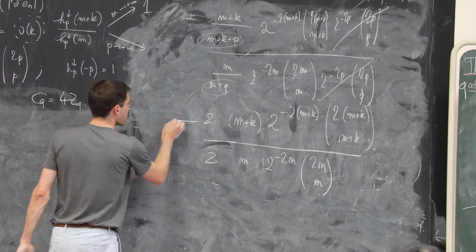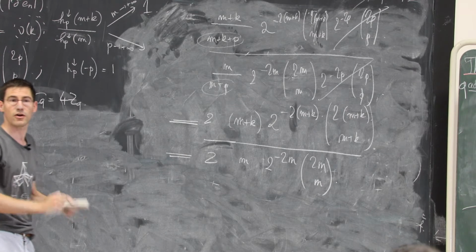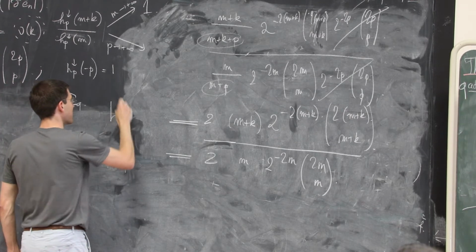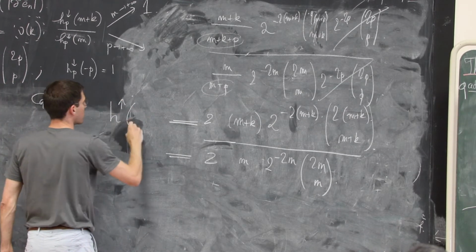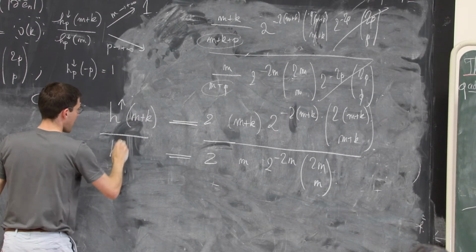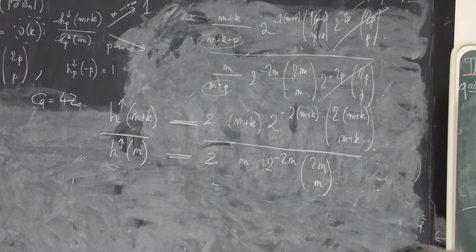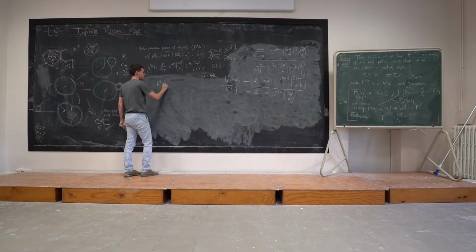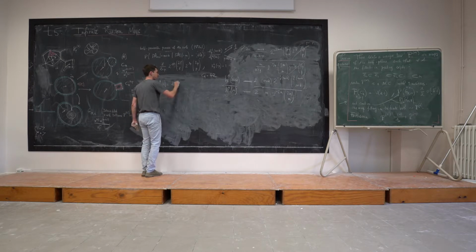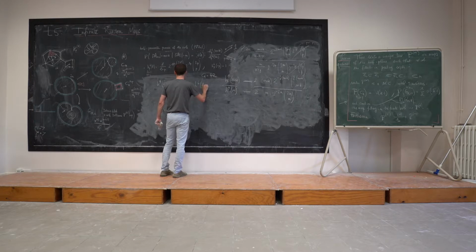And what is this guy? Drum roll. This is h upper arrow of m plus k divided by h upper arrow of m. Remember, h upper arrow of L is h down arrow of 0 plus ... plus h down arrow of L minus 1.